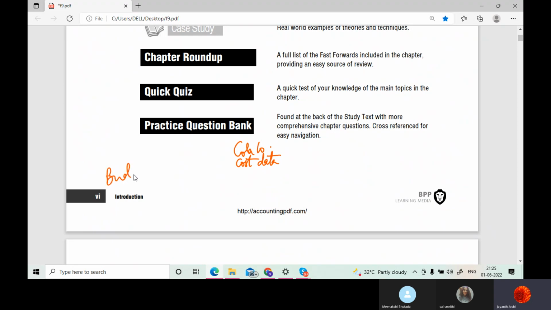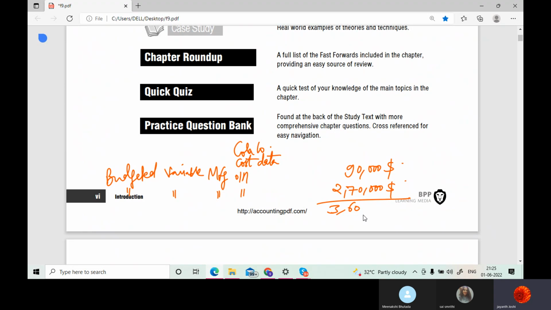Budgeted variable manufacturing overhead $90,000. Budgeted fixed manufacturing overhead $270,000. Total $360,000.